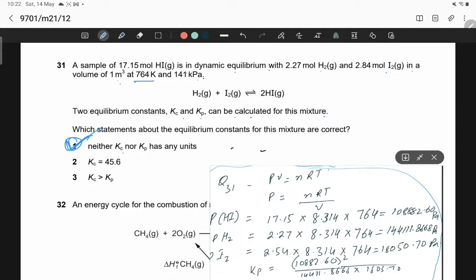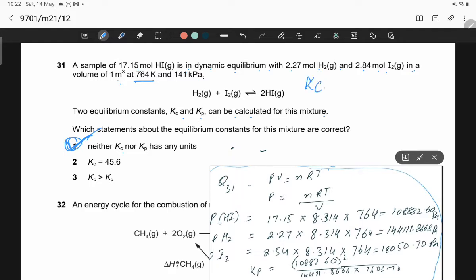For Kc, 17.15 mole is in dynamic equilibrium with 2.27 mole of H2 and 2.84 mole of I2 in a volume of 1 meter cube.